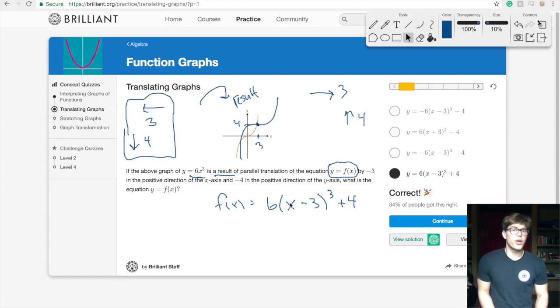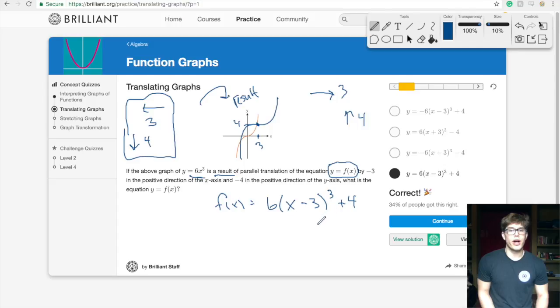Excellent. So some of you might be a little bit curious as to why this value is minus 3 instead of plus 3. The best answer I can give you is because we're looking for the value where x minus 3, this whole quantity, will equal 0.